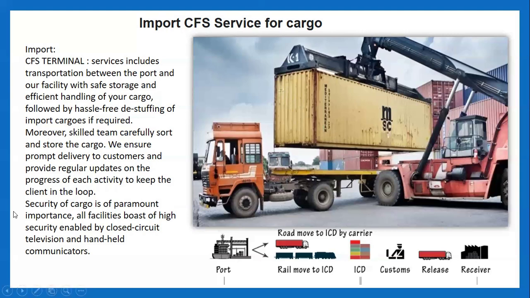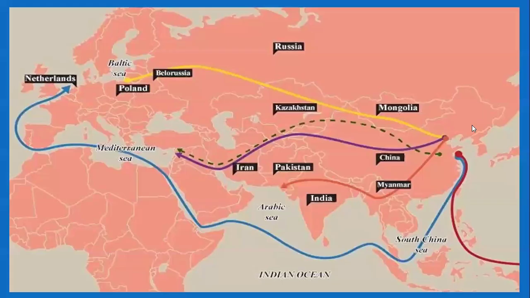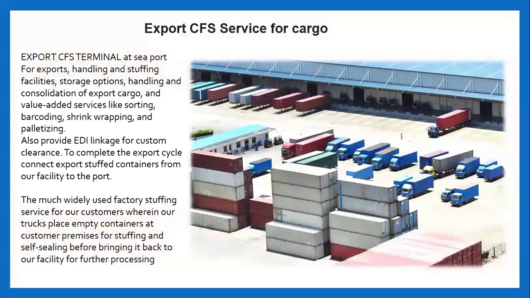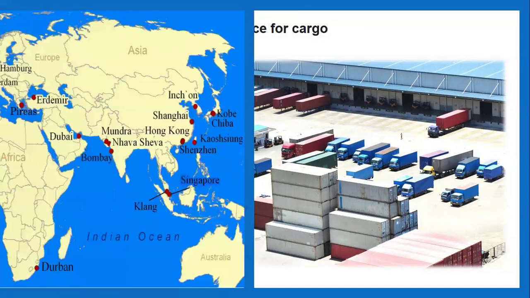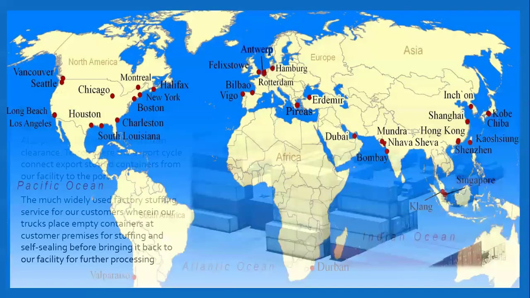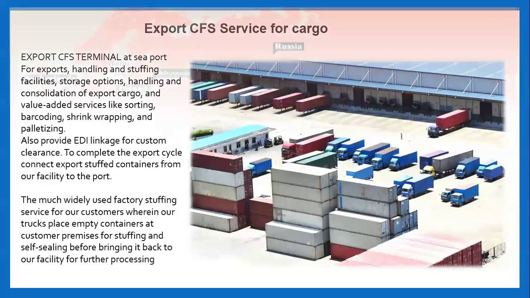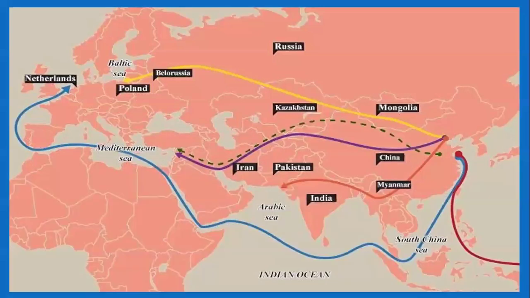So they provide security regarding this, and all facilities boast high security with closed circuit television and handheld communicators. Each location of the CFS has cameras and other equipment installed so that nobody can do such activities, like tampering and stealing things.